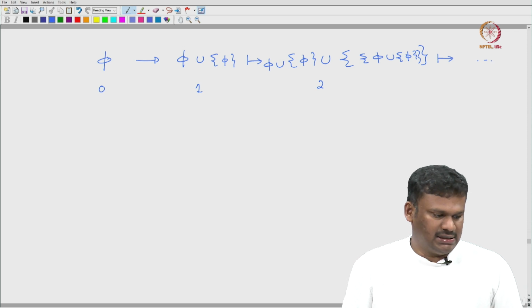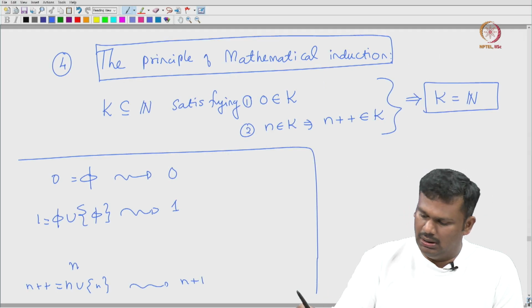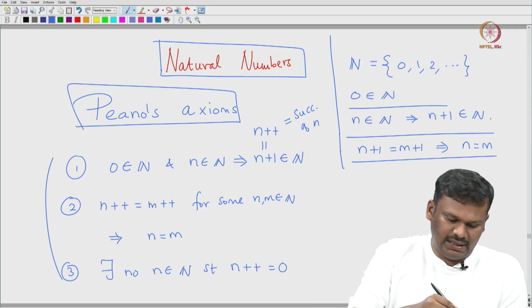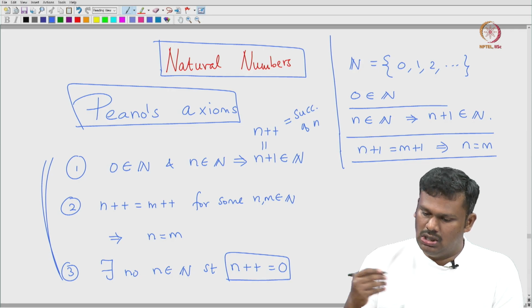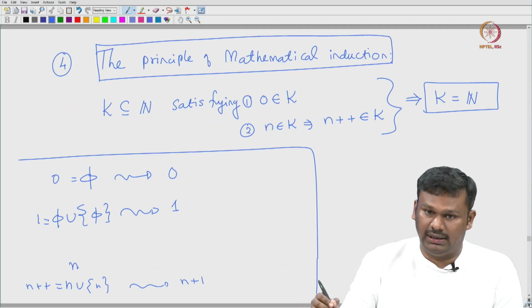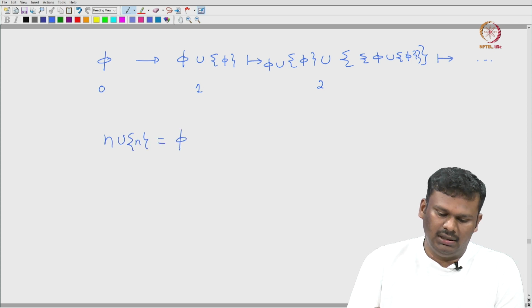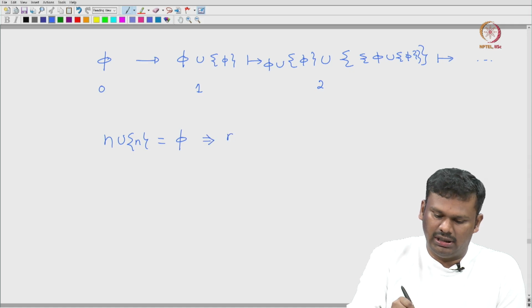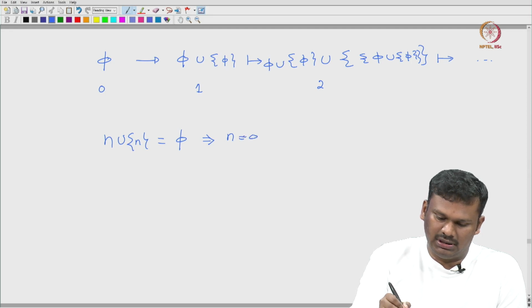Now once you know the existence from the axiom of infinity, all these Peano axioms can be proved directly from the construction. For example, what we wanted to prove is that there is no n in the natural numbers such that n plus plus is 0. If n union singleton n is equal to empty, then it is clear from the construction that n is supposed to be equal to empty, so there is no other option.